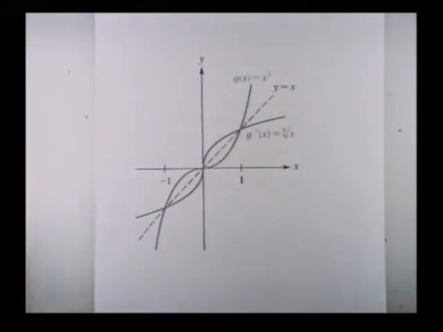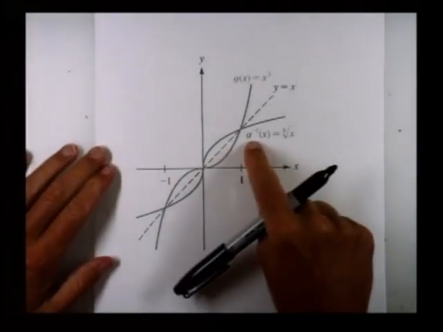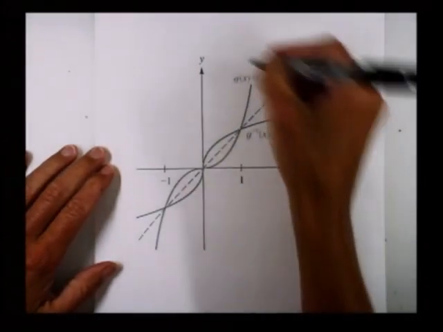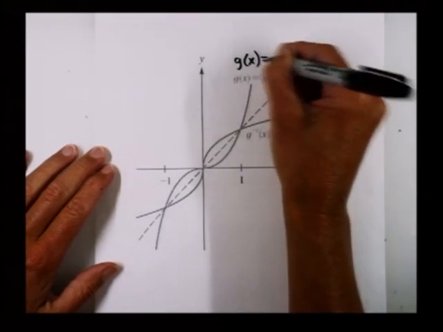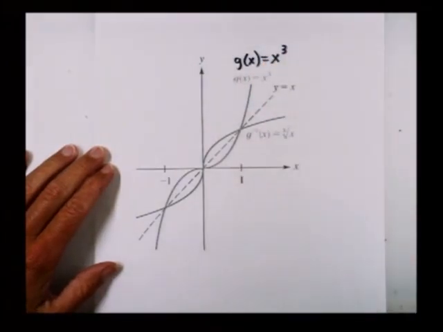So let's just work with this graph to start with. I want you to see what this looks like. Basic graph. Can't see that very well. This first equation is g of x equals x cubed.